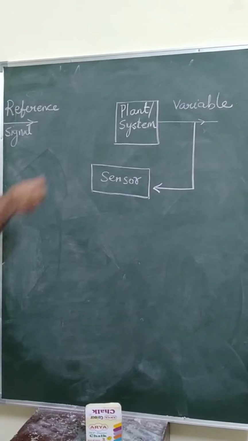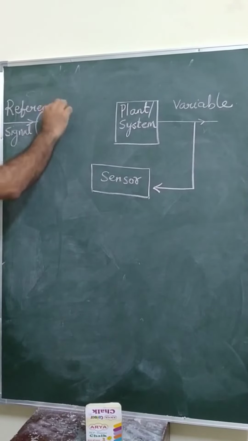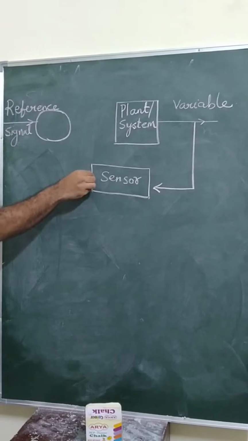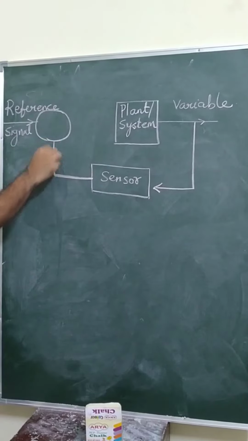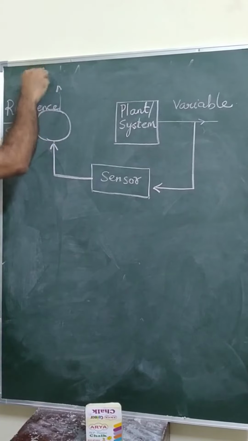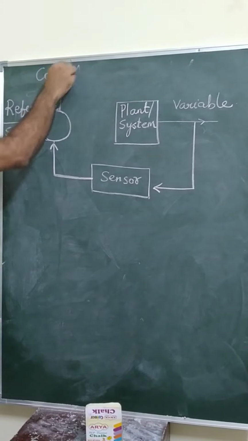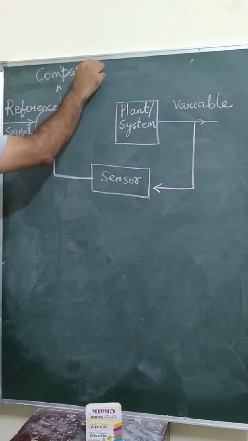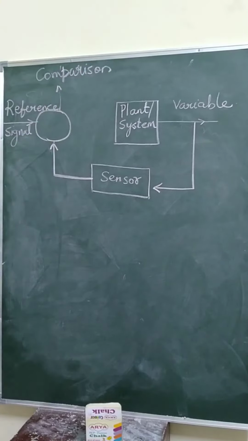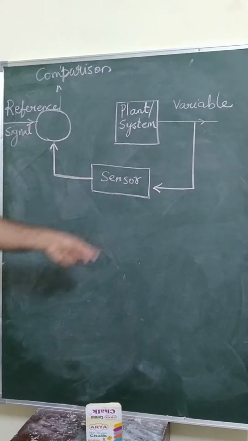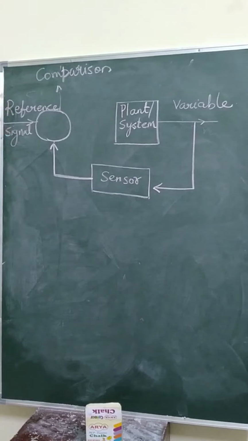So you will compare your sensed signal with your reference signal. This is the comparison block. Your reference is 0.